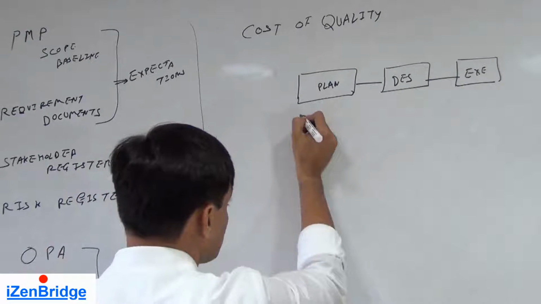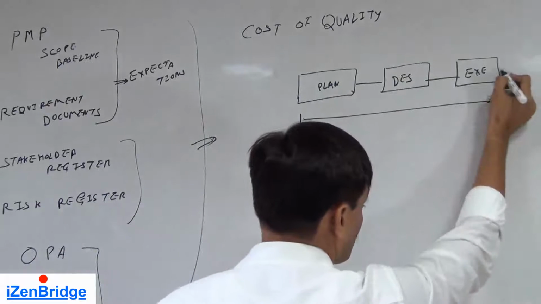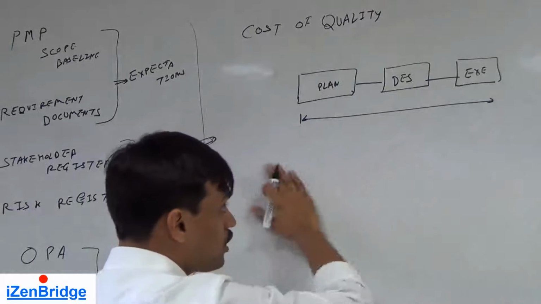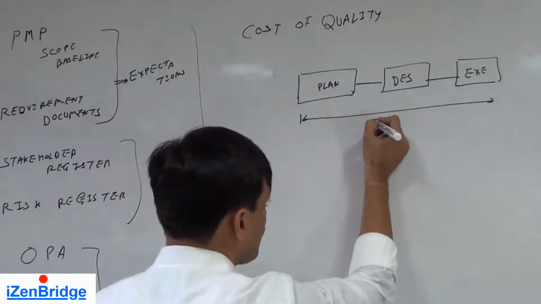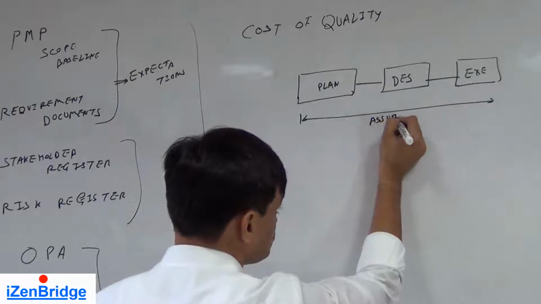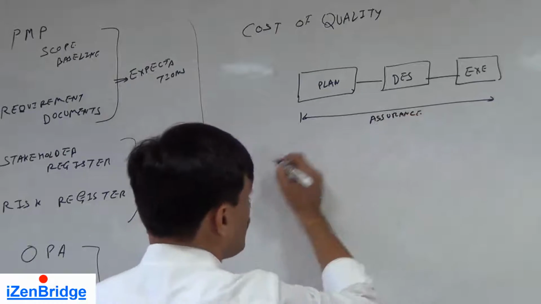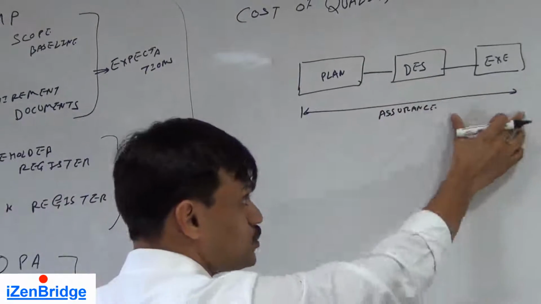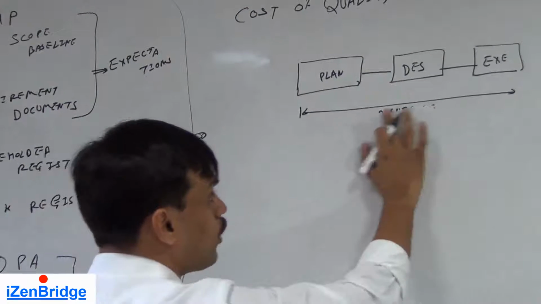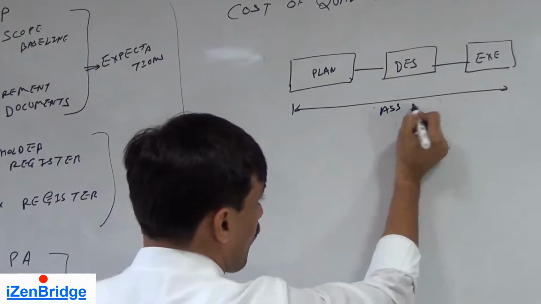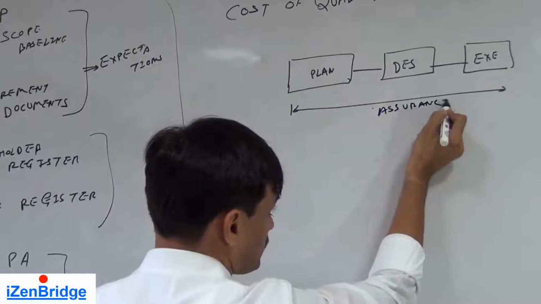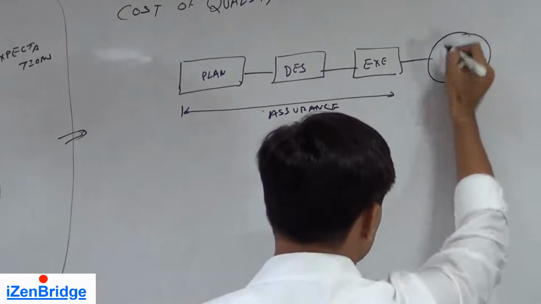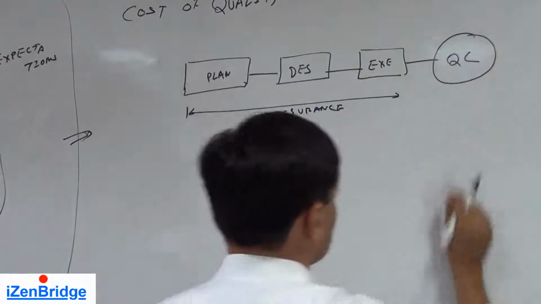And this section, because it is happening along with the execution, is called assurance. So you start with the planning, especially while doing the designing and execution, you assure that your outcome would be quality compliant. Now after this, you have a process called quality control.